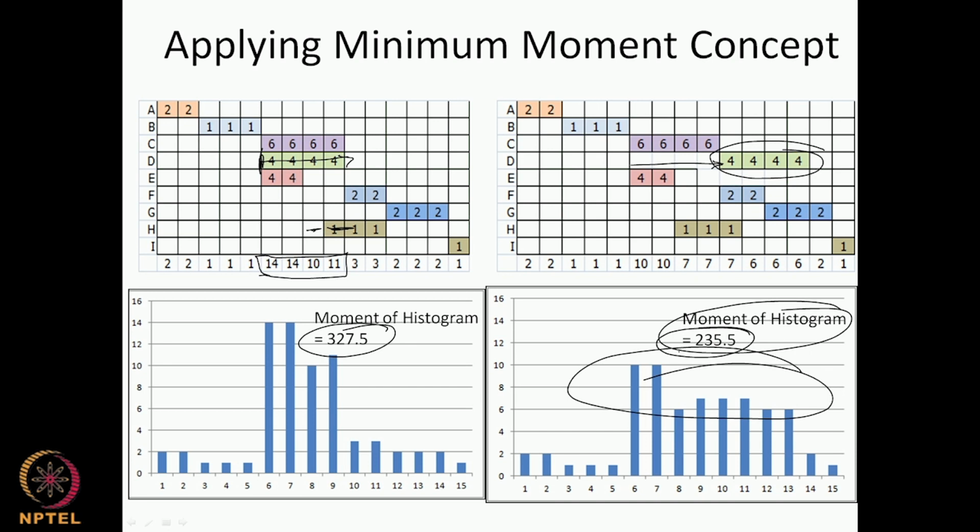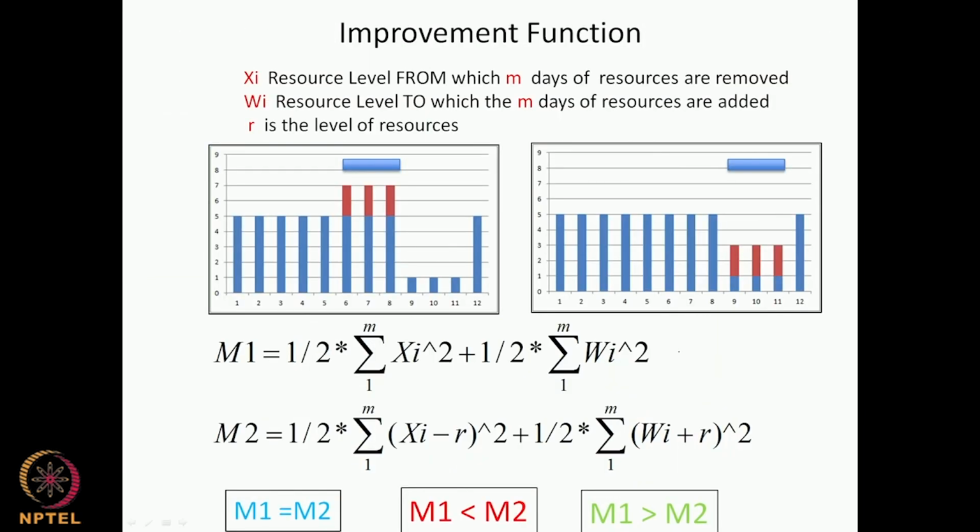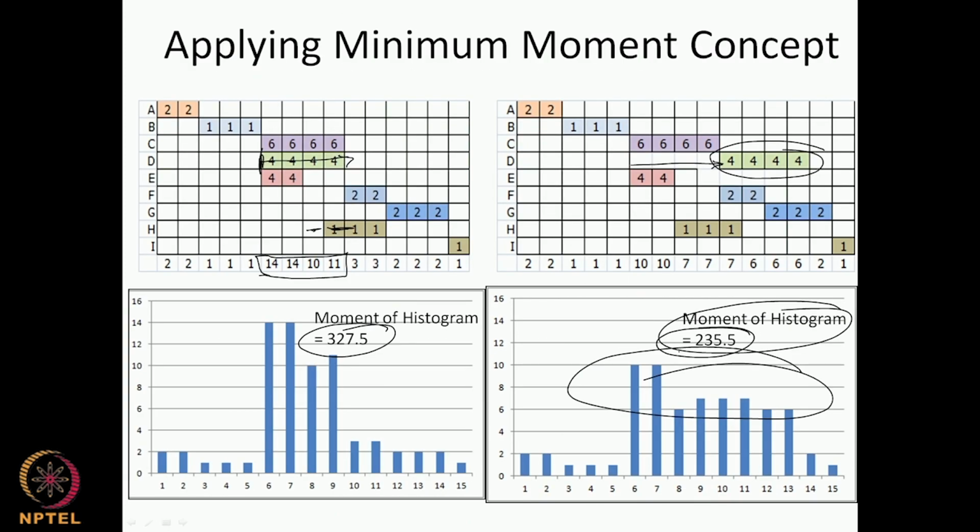So when we move to the procedure, when we want to develop a procedure, we need a metric. If we go back and look at the earlier function where we said there are 50 options, one way is to actually calculate the moment of the 50 different alternatives and then take the minimum of that.